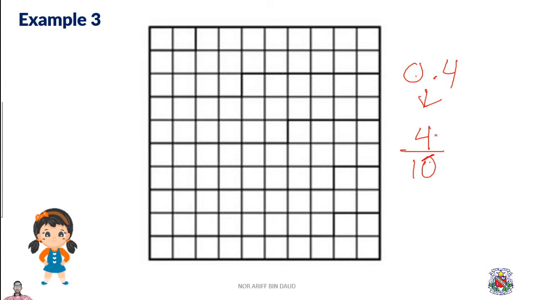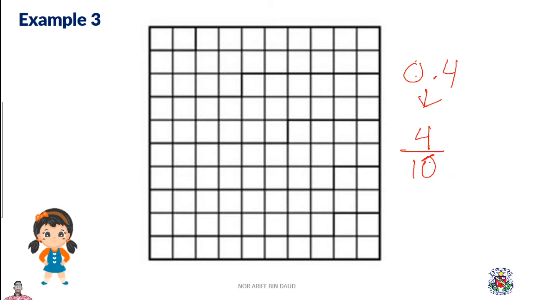But teacher Arif, here we have 100 square boxes. Okay, the question is 4 over 10.